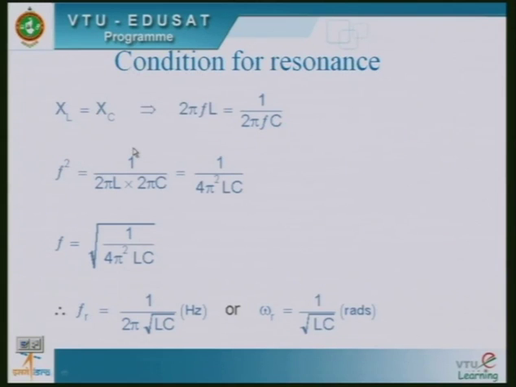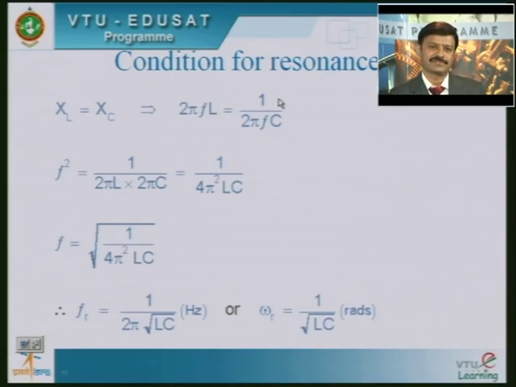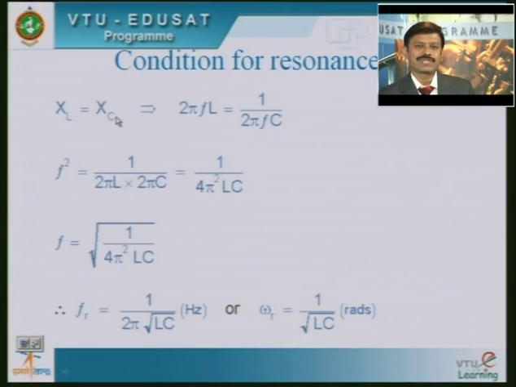Then we'll go to the mathematical expression, the condition for resonance. We know the condition: inductive reactance is equal to capacitive reactance. Inductive reactance can be expressed as 2 pi FL, that is equal to 1 by 2 pi FC.